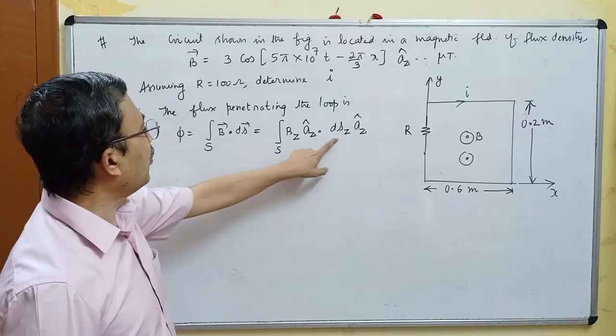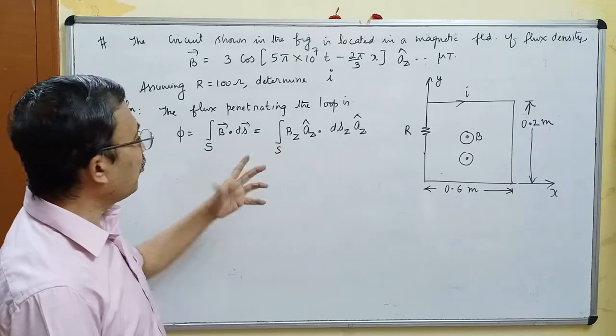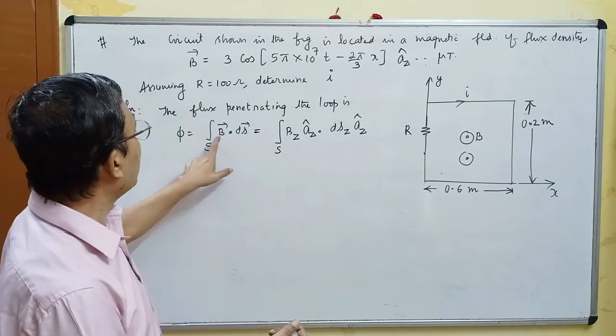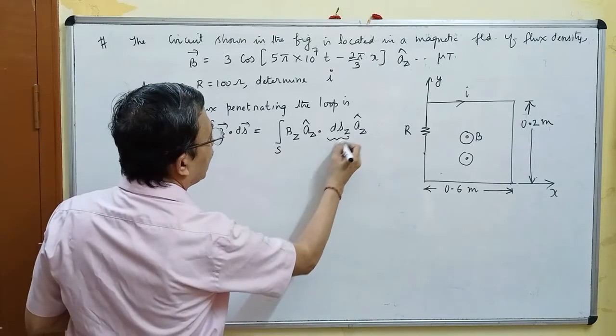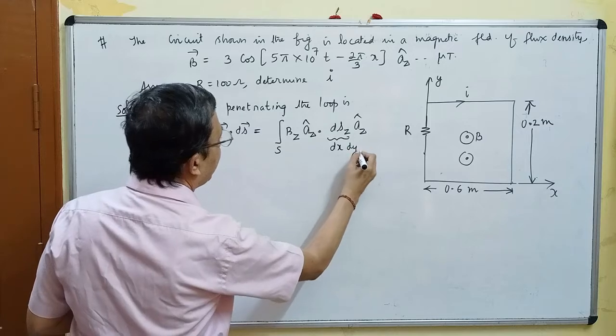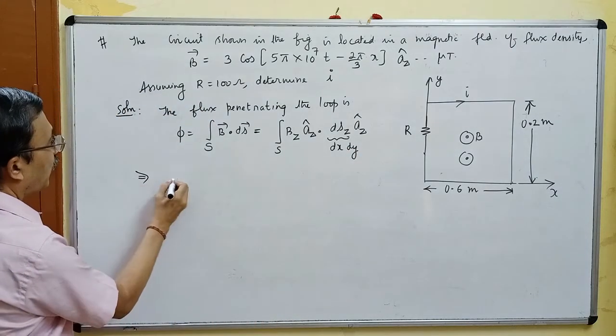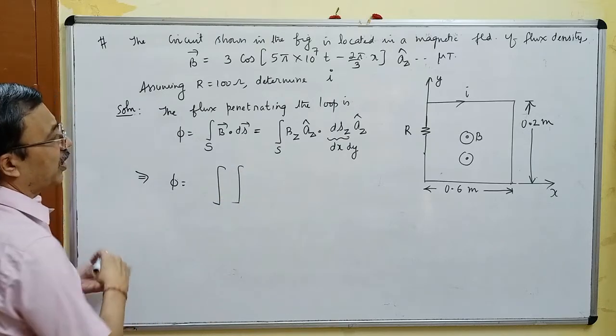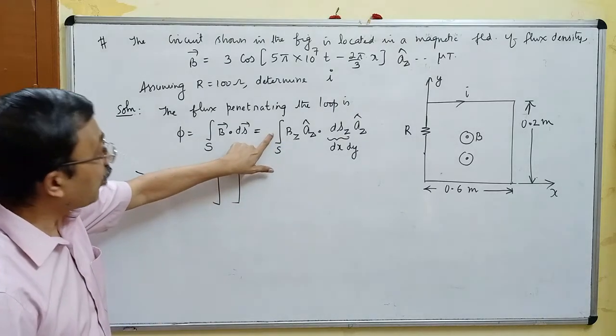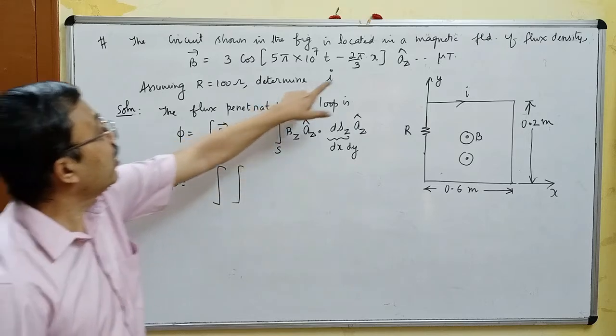So Bz into dsz. That means the dot product becomes simple product of the magnitudes of vector B and vector ds. So what is this dsz? dsz is nothing but dx into dy. So phi is equal to, please note, surface integral is a double integral. Bz cannot be taken out of the surface integral because B contains x.